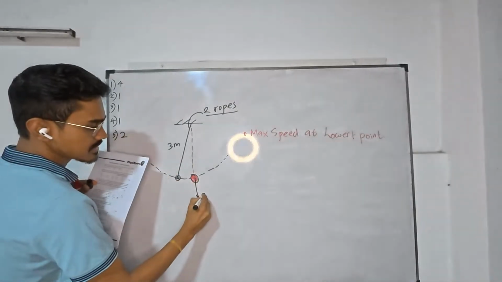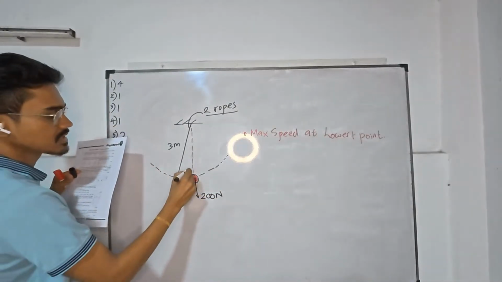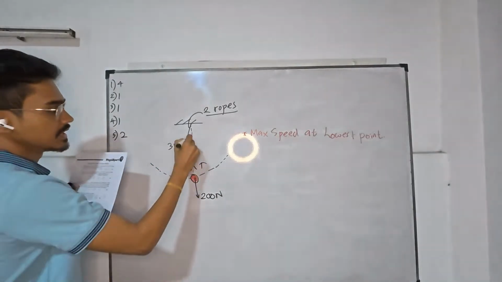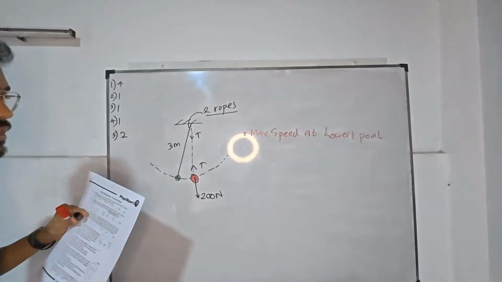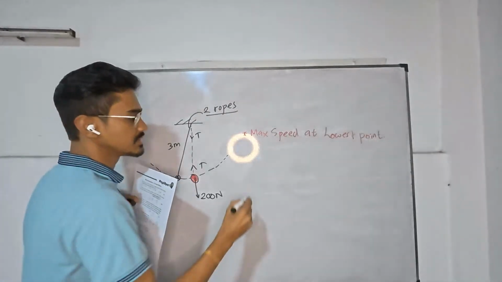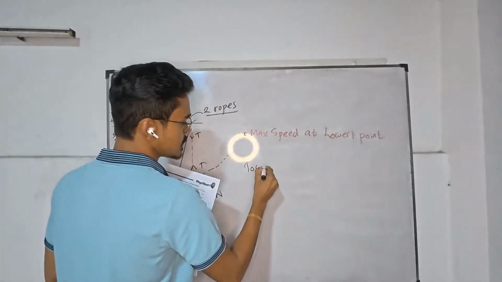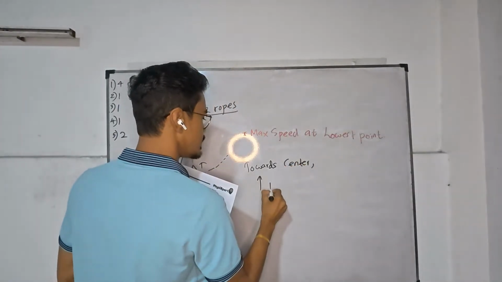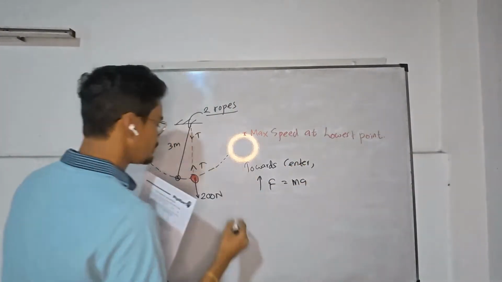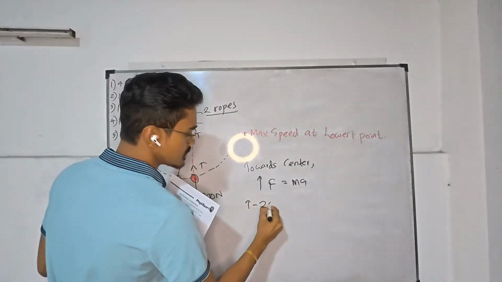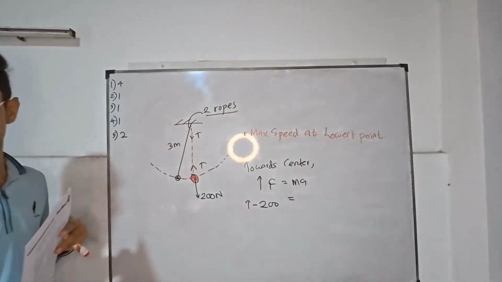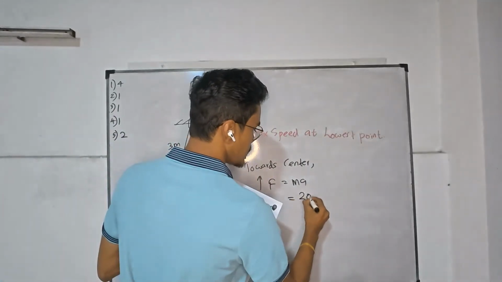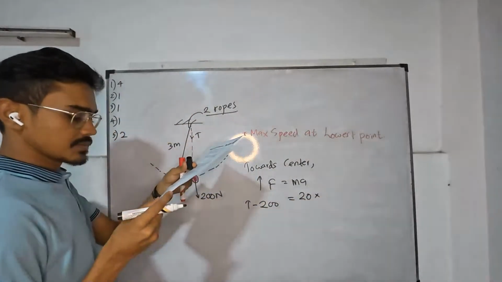20 kilograms means his weight is 200 newtons, and the respective tension has to be tension here, right? T and T. Now what we can do is simply use F equals ma towards the center. F is T minus 200, and m is 20 times a.